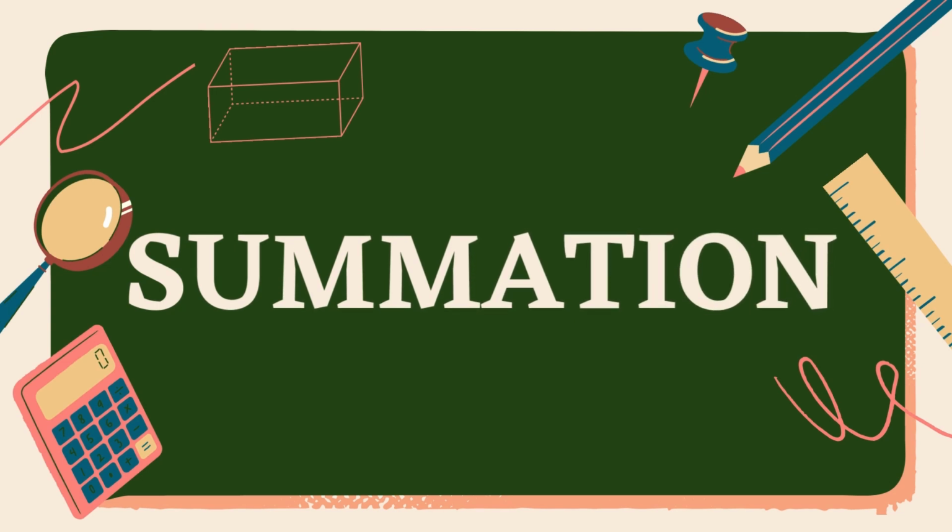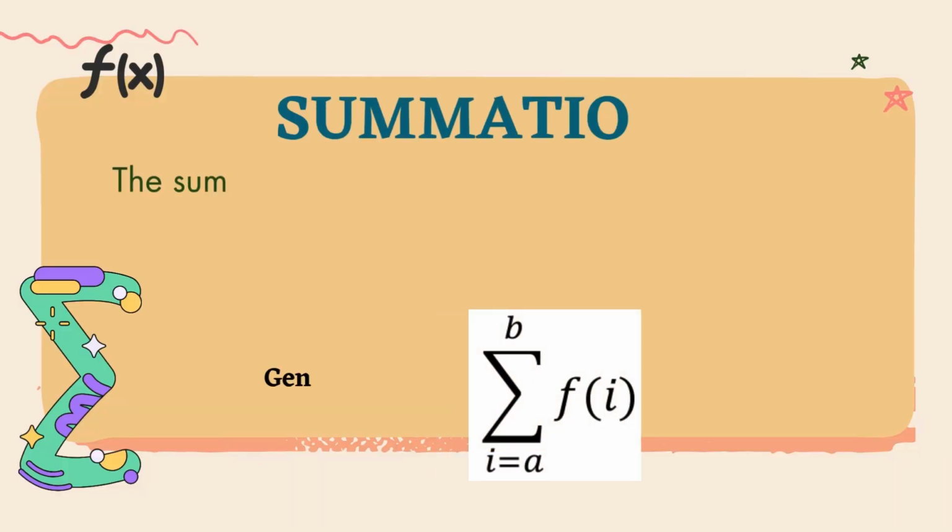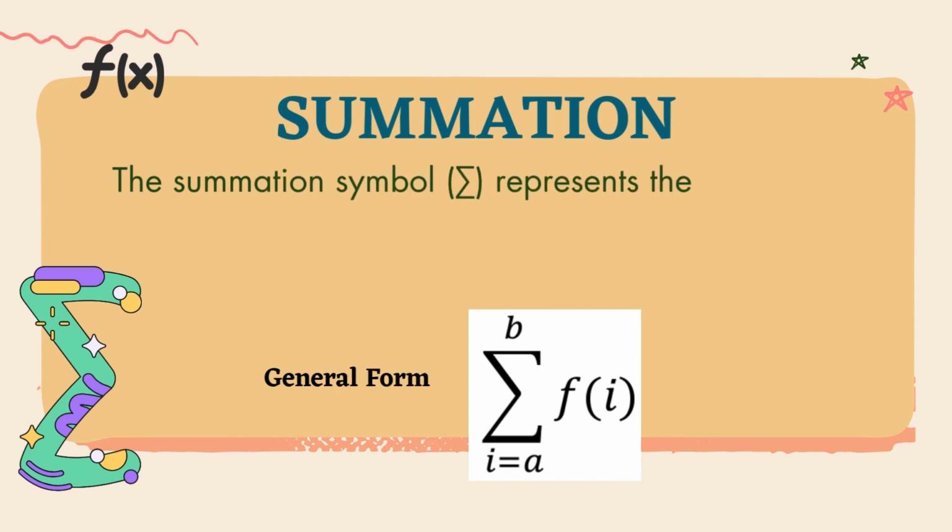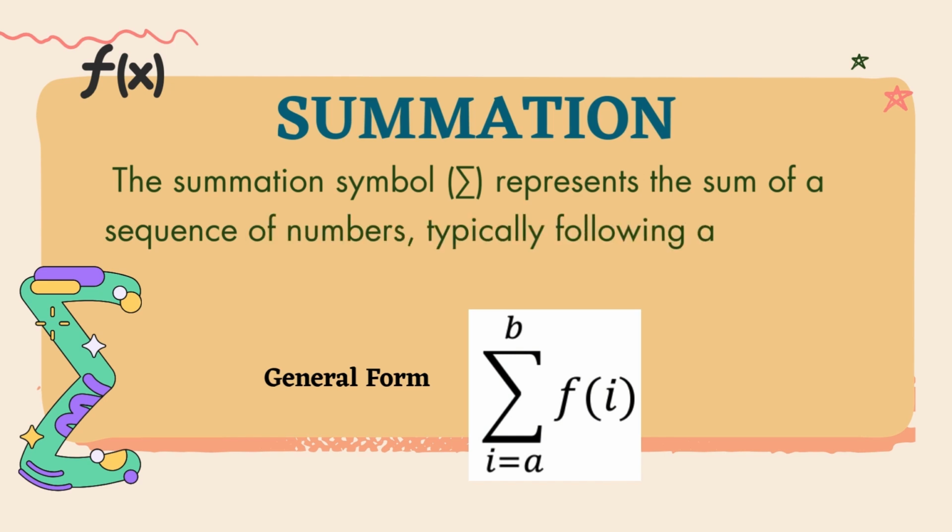Now let us talk about what a summation is. Summation uses the symbol sigma to represent the sum of a sequence of numbers, typically following a specific pattern or rule. The general form is the sum of f of i from a to b.